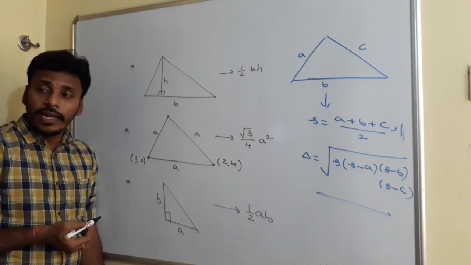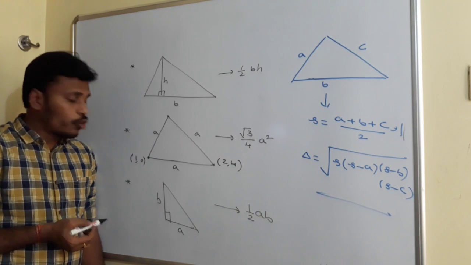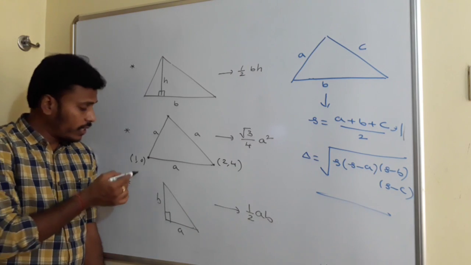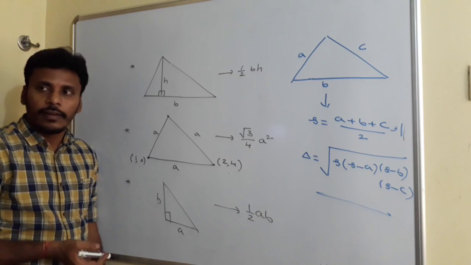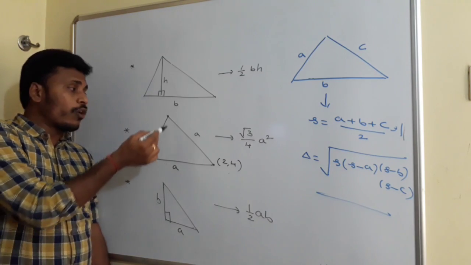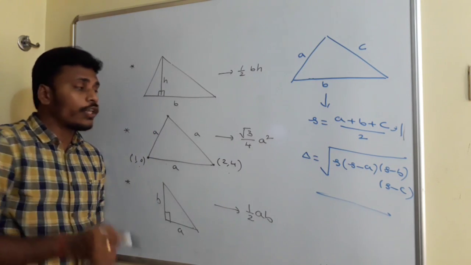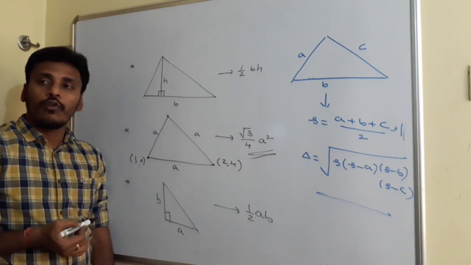The area of the equilateral triangle formed by the 2 vertices 1 comma 0, 2 comma 4 and another vertex. What is its area? Since you don't have the third vertex, surely you need to utilize the formula root 3 by 4 A square.